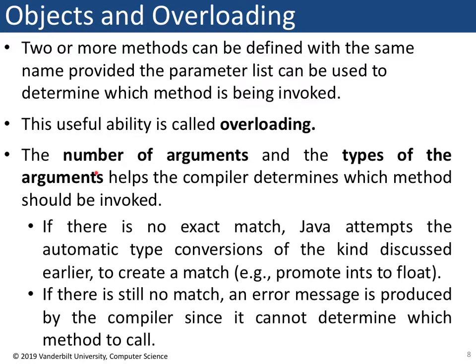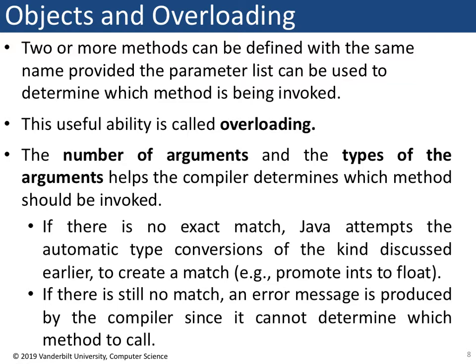So here in this statement, we discussed that the number of arguments and the types of the arguments are what the compiler uses to determine which of the available methods should be invoked. So one of the interesting things is that there might be a situation where there's no exact match. Perhaps you have attempted to pass an integer into a double parameter.